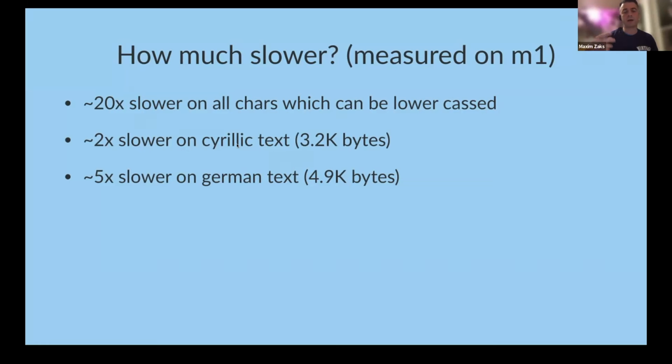I have an example with a text in Cyrillic, about 3.2 kilobytes long. Then we're at 2 times slower. And I have a German text, almost 5 kilobytes long, and this is 5 times slower.